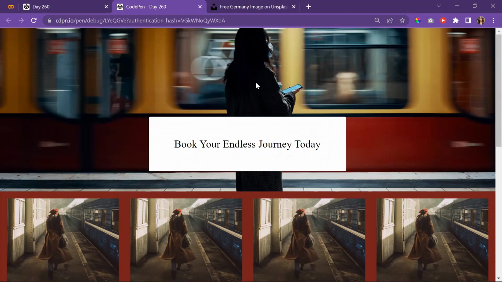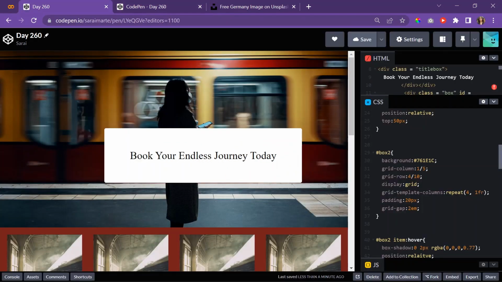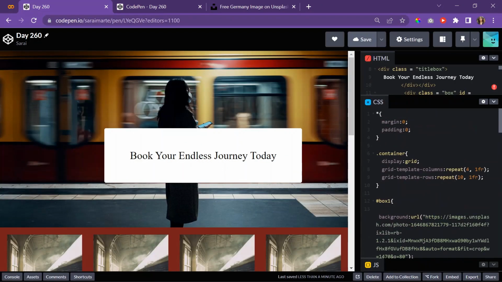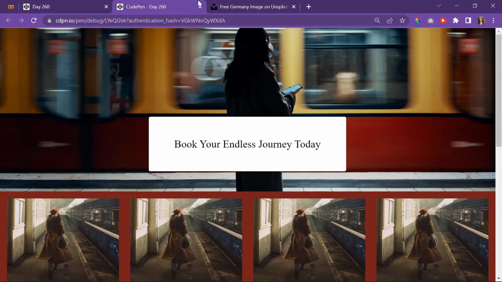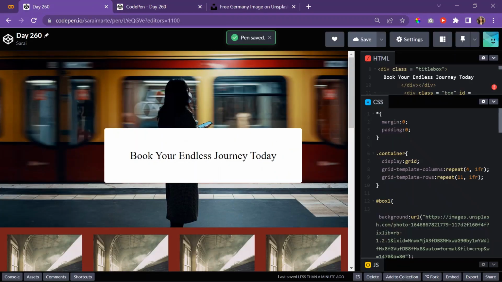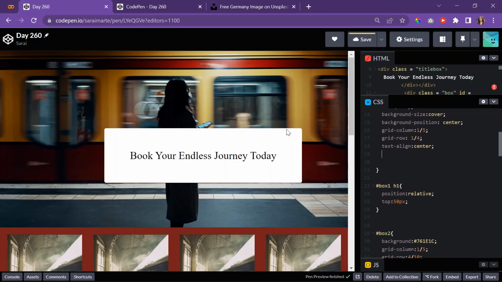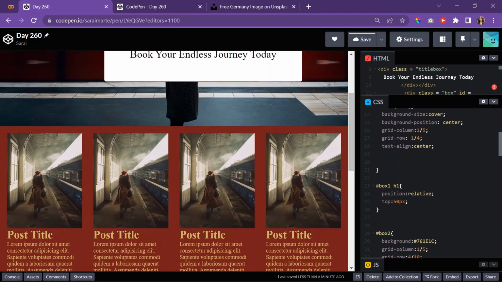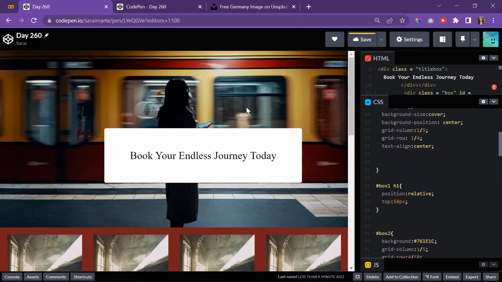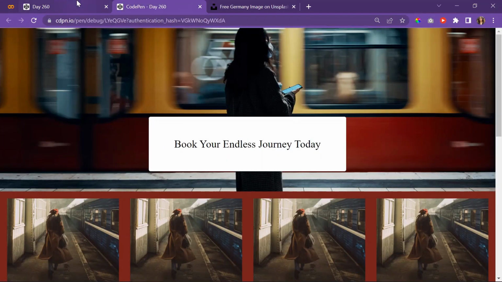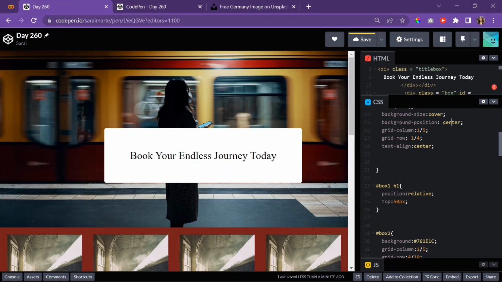Oh my god, this is so annoying. What if I just do like 11? Like, this is literally just annoying. How about we just do like top?